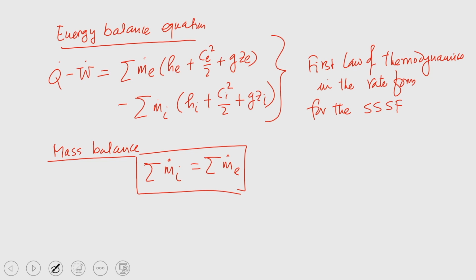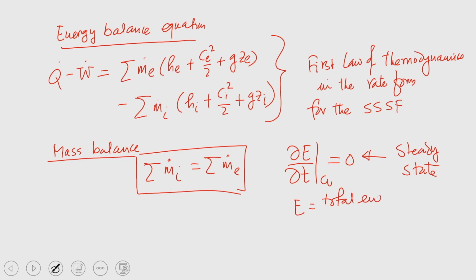I would like to discuss that we have written dE by dt within the control volume equal to 0, and this is essentially for the steady state. Now, why do I do this exercise? This E is the total energy, so it is nothing but m into the specific energy.